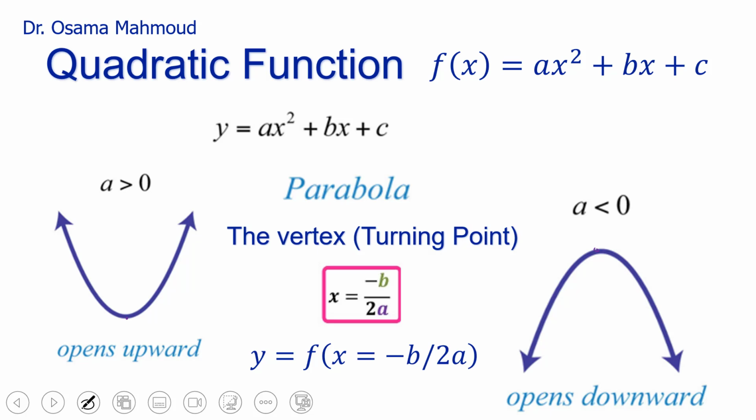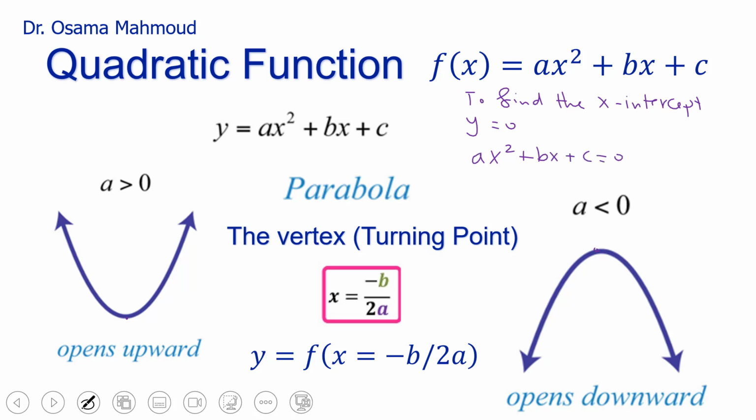Before we leave, to find the x-intercept, you put y equal to 0. So if you put y equal to 0, it means ax squared plus bx plus c equal to 0.